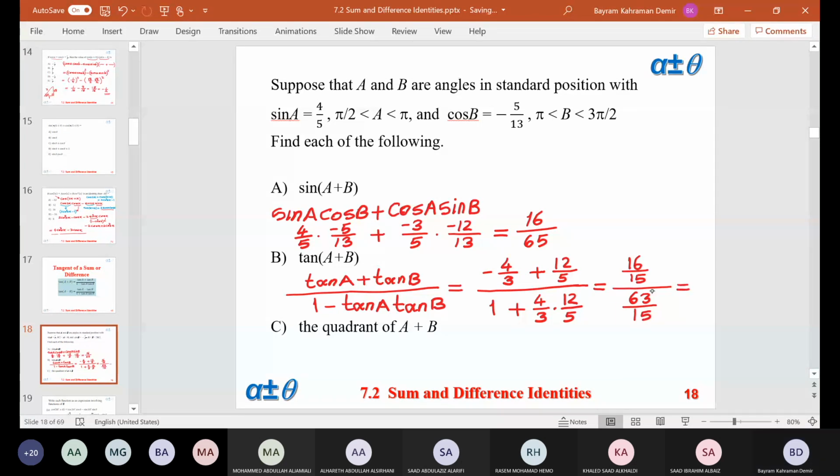We can simplify the 12 with the 3 first. So it is 16 over 63. Am I right?